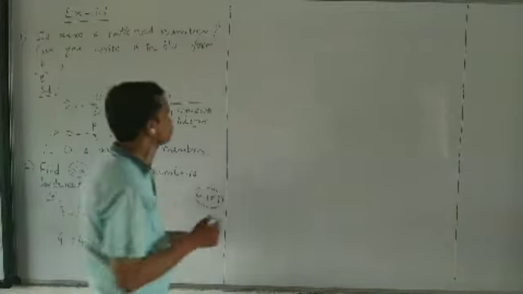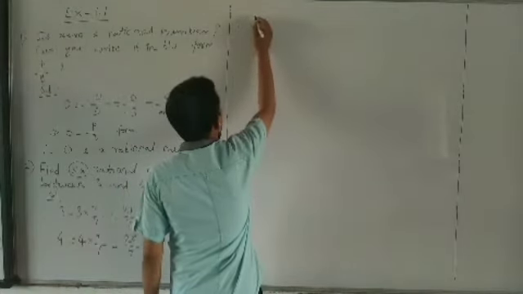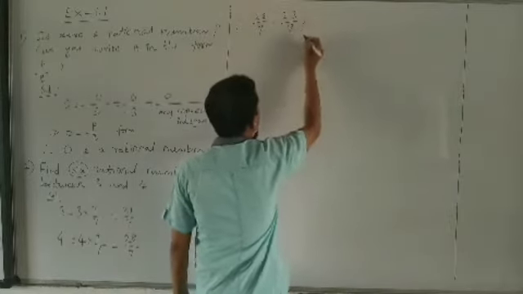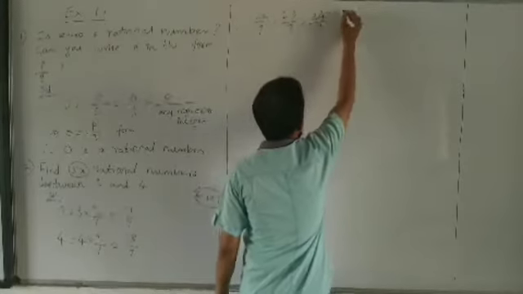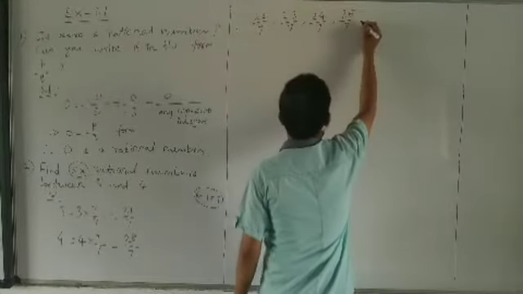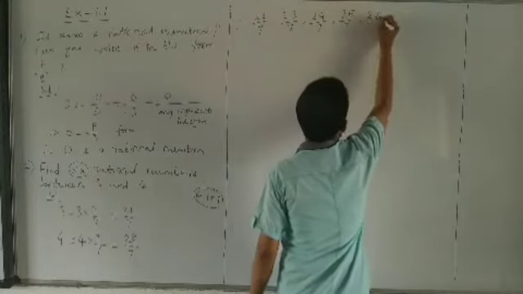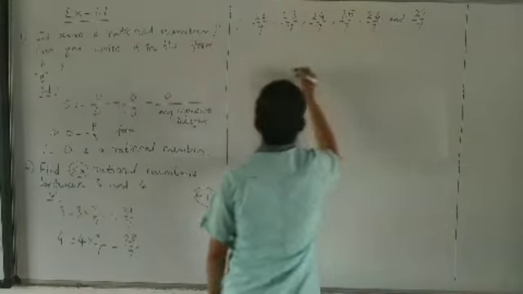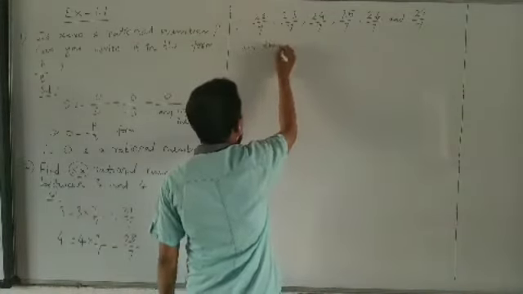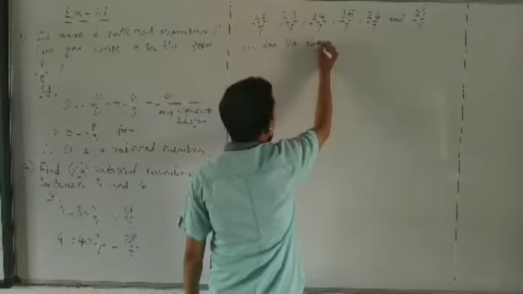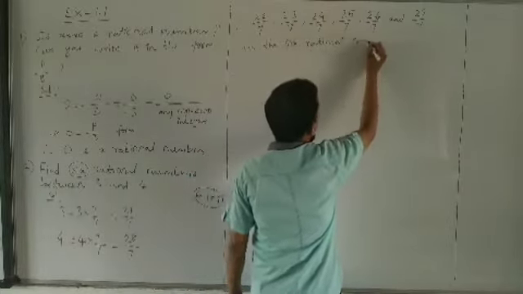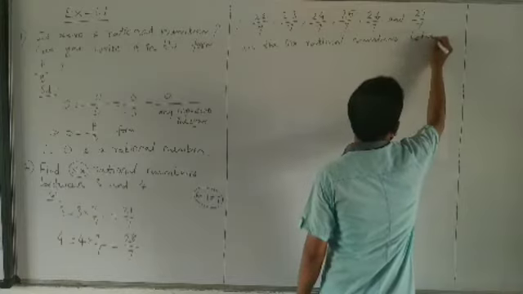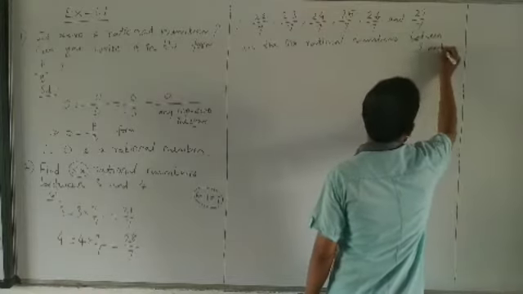What are they? Therefore, 22 by 7, 23 by 7, 24 by 7, 25 by 7, 26 by 7 and 27 by 7 are the 6 rational numbers between 3 and 4.